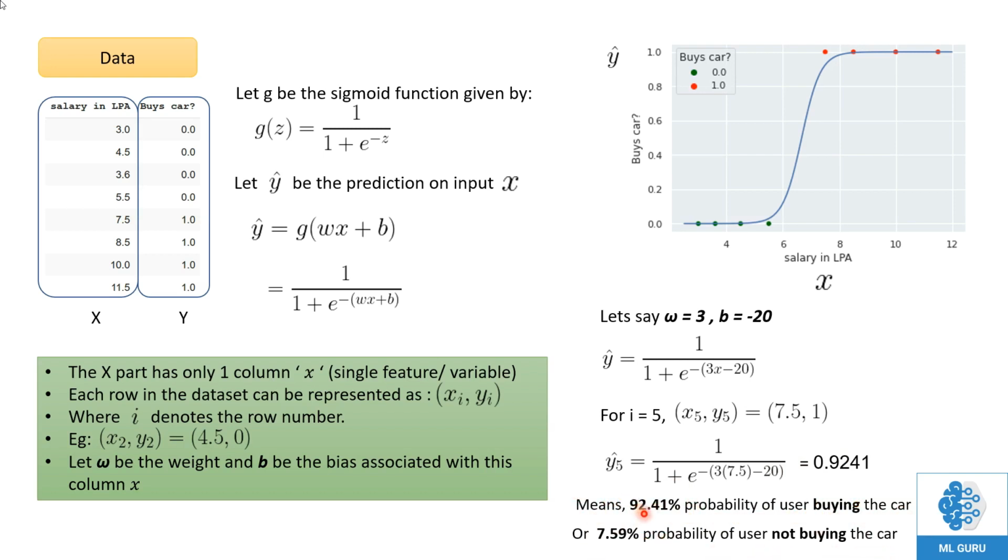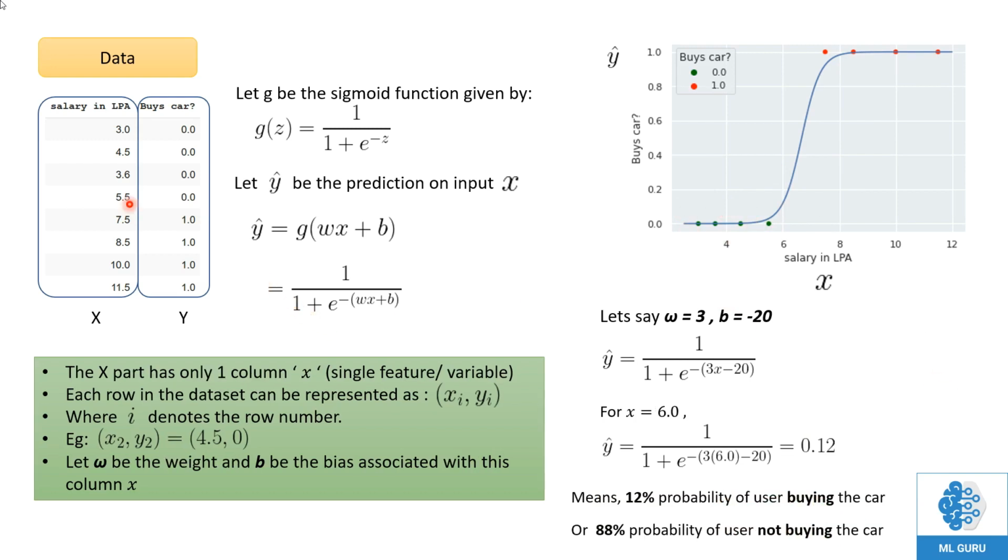In this case, 100 minus 92.41 is 7.59, which means there is a 7.59% probability of the user not buying the car. So in this way, you can calculate the probability of the user buying the car, which corresponds to class 1, and also when you subtract it from 100, you can calculate the probability of the user not buying the car, which denotes class 0.